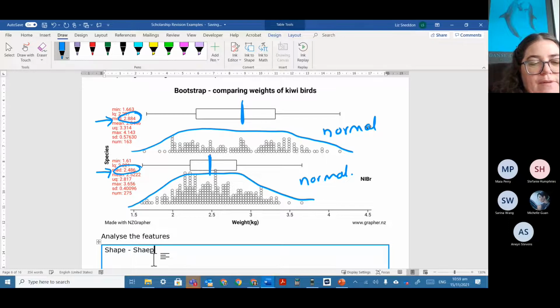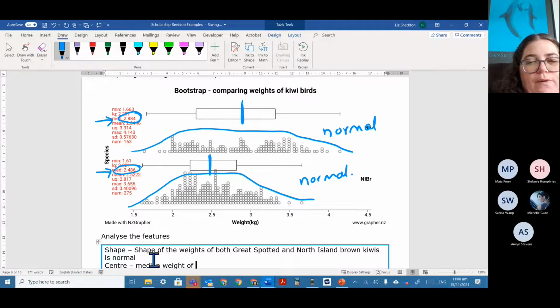The shape of the weights of both great spotted and North Island brown kiwis is normal. And for my centre, I'm going to say the median weight of great spotted is about 400 grams heavier.